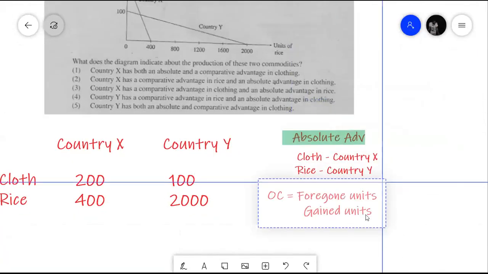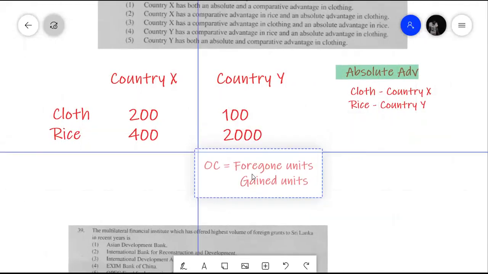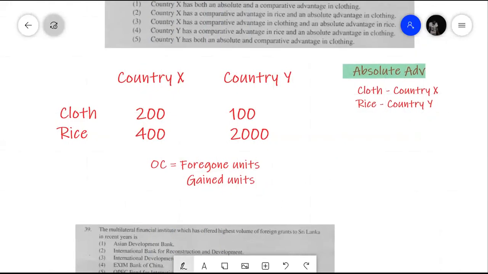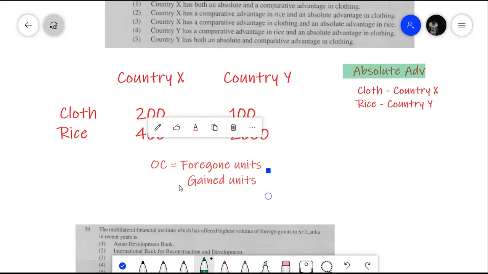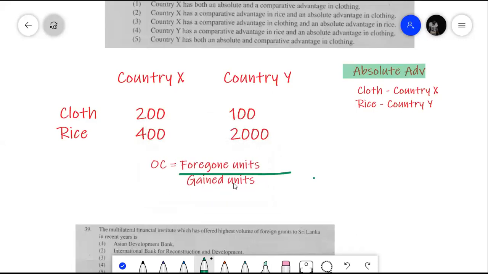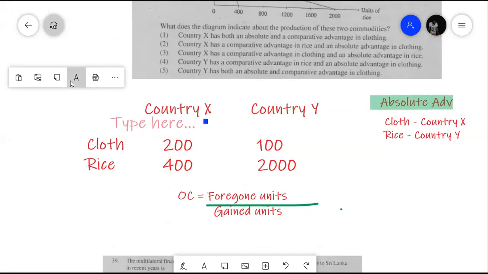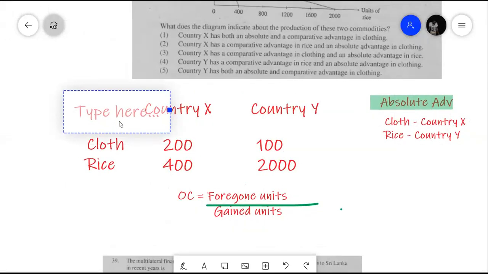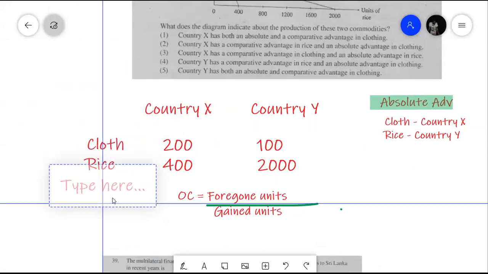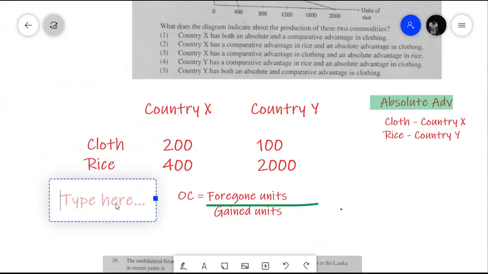Okay, I'll put this over here. We'll look at these numbers. Now look at country X. We are going to find the opportunity cost of country X producing cloth.